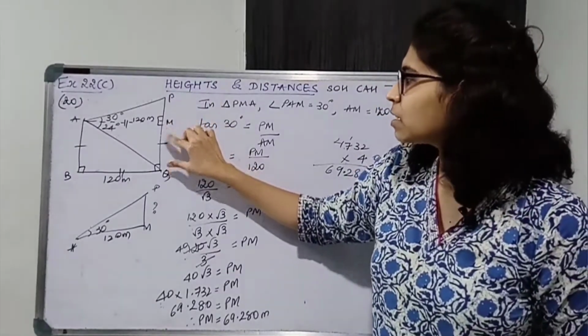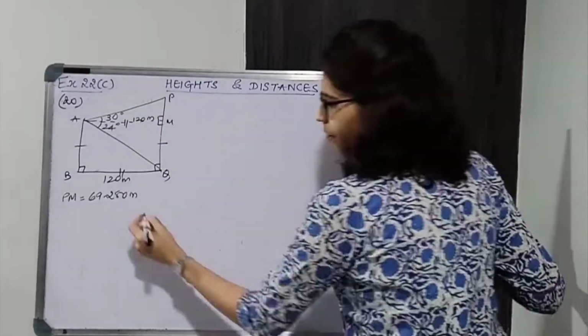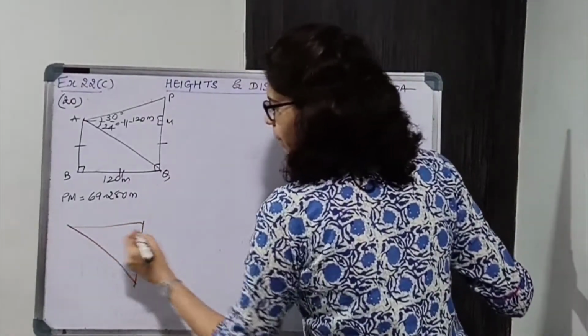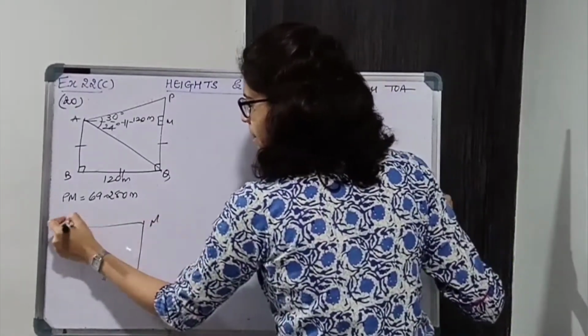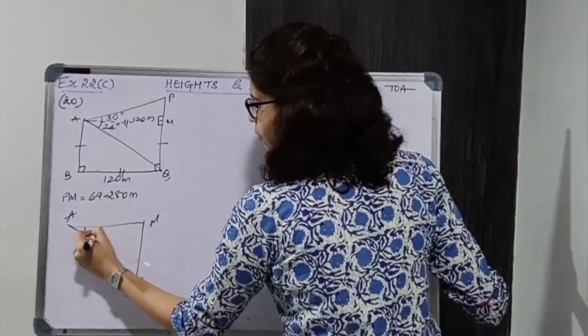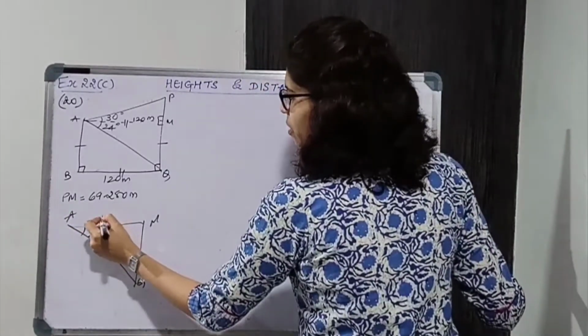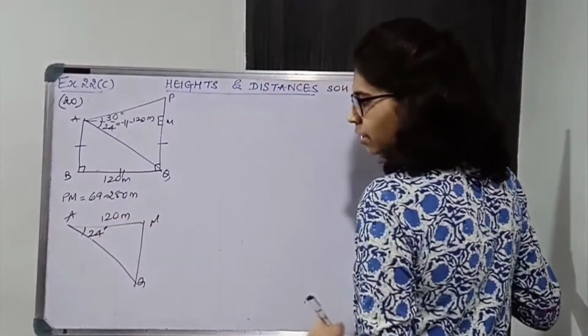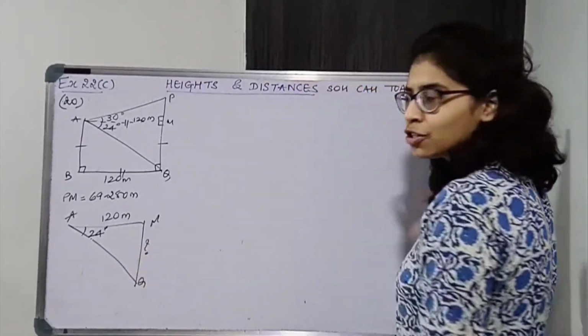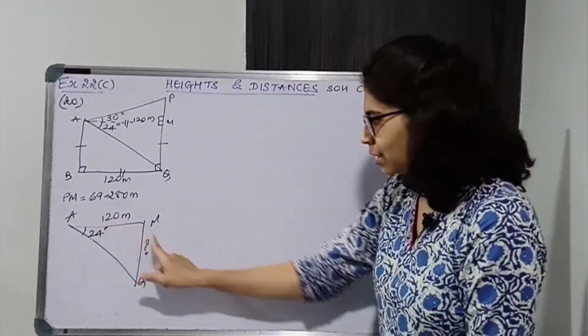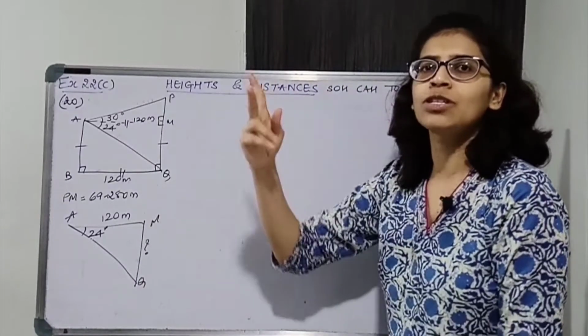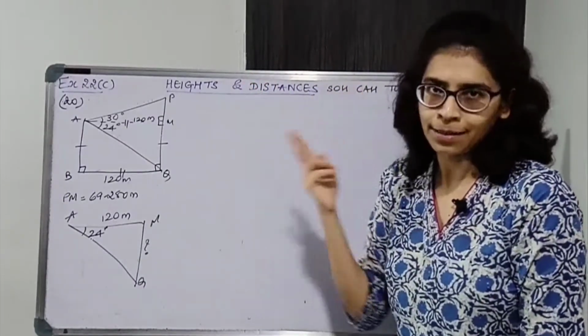So MQ के लिए we'll consider triangle QMA. Okay. So considering QMA, this is 24 degrees. AM is 120 meters. Okay. We have to find MQ. So angle का adjacent we know, angle का opposite we have to find. Opposite and adjacent का relation again from TOA, tan. Okay.